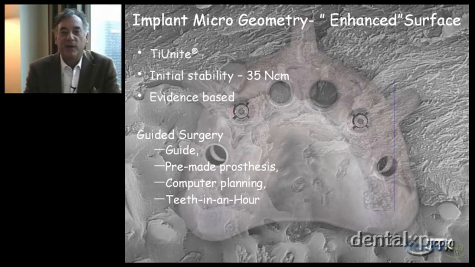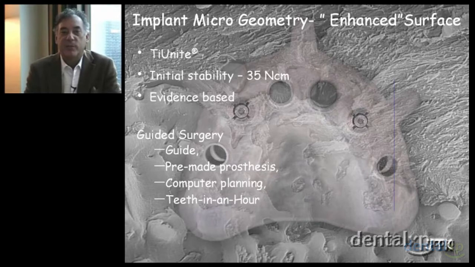When we think about immediate load, we must think about the implant microgeometry or the surface of the implant. This particular product system utilizes the TiUnite surface of the Nobel Biocare implant products. There's ample data and evidence base that when you can achieve a stability of 35 Newton centimeters or more, that implant could be loaded in a very predictable way and go on as an immediate load case in a successful manner.